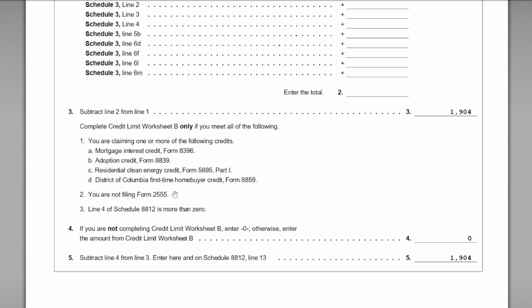She's not filing the foreign earned income exclusion. She does have a line 4 amount more than 0. She has one qualifying child, so it's more than 0. But she's not claiming one of these credits up here. So she's not claiming the mortgage interest credit, adoption, residential clean energy, or the DC buyer's credit. So for that reason, we can skip Worksheet B. Don't have to apply it.